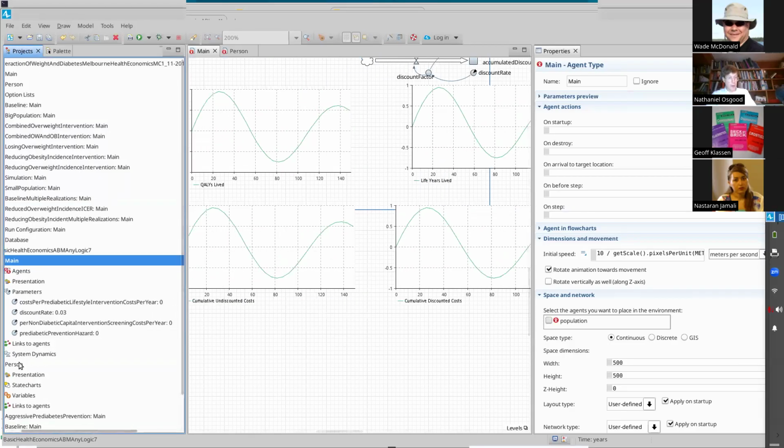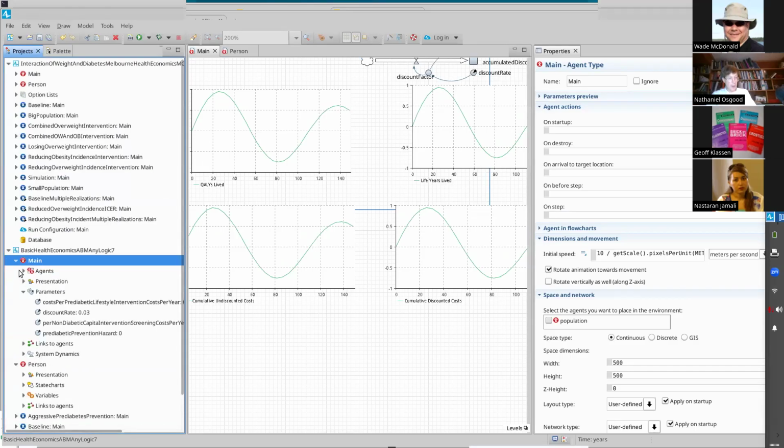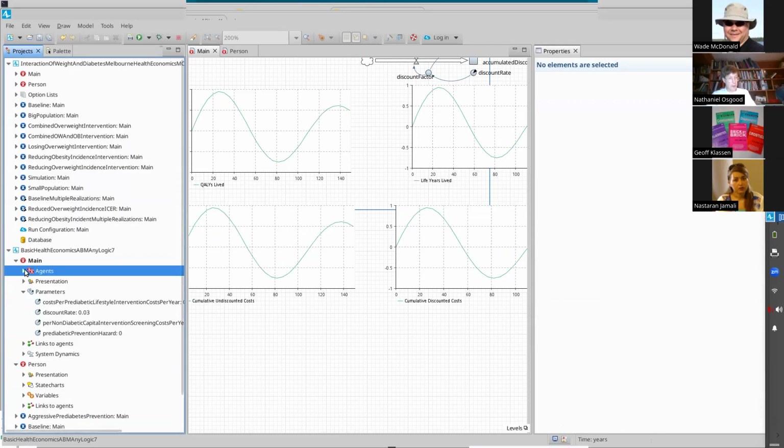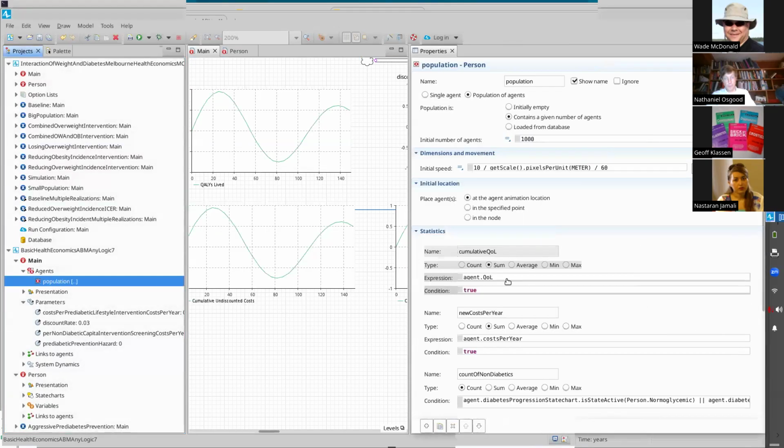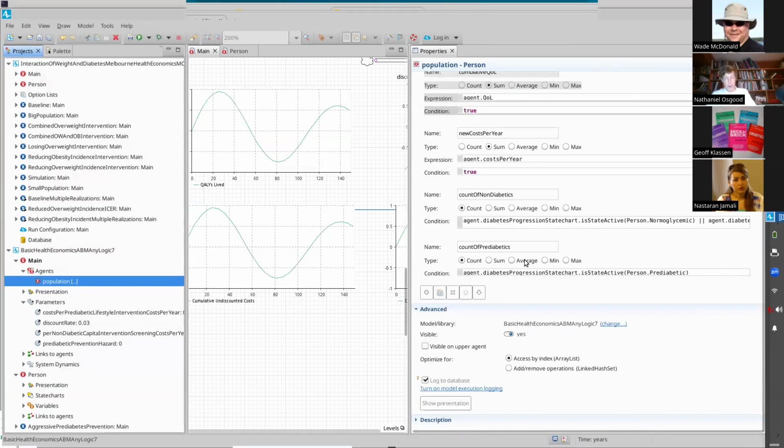For example, within the population itself, we could total up the number of pre-diabetics or the count of non-diabetics. So sort of clumping together pre-diabetics with normal glycemic individuals, right? Pretty familiar stuff here.